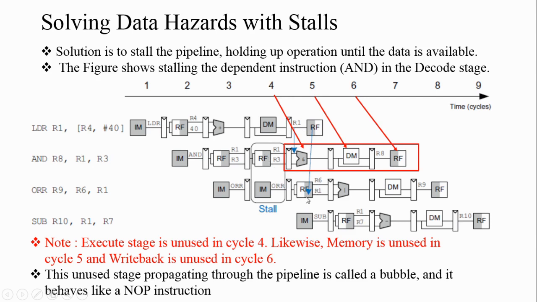So this problem arises only if the execution stage is performing LDR and the operands used in the subsequent instruction are the result of that LDR.